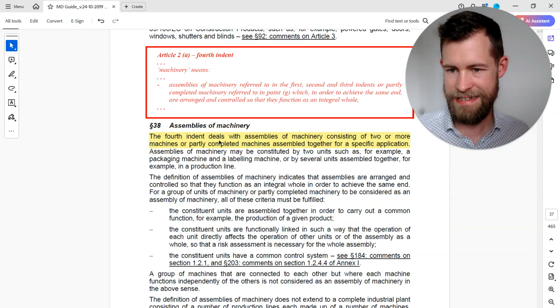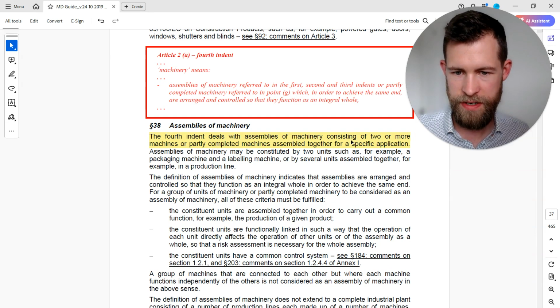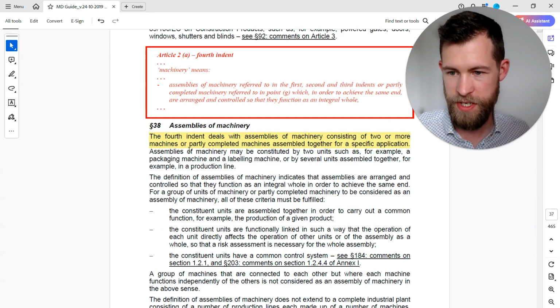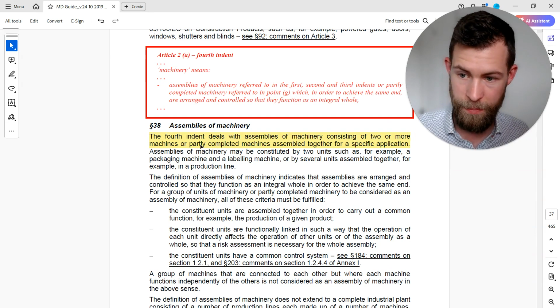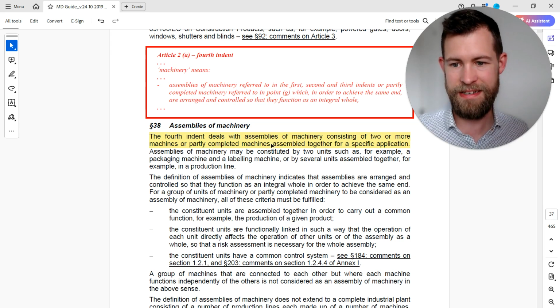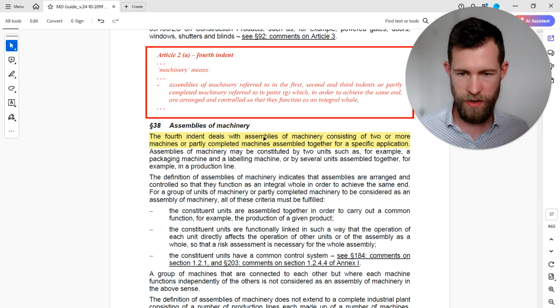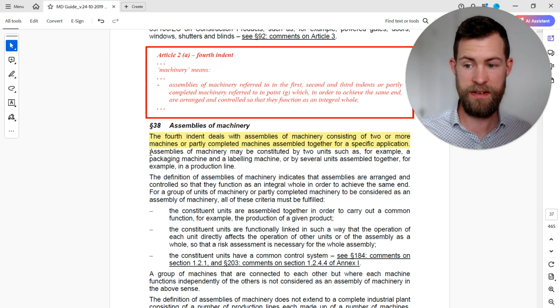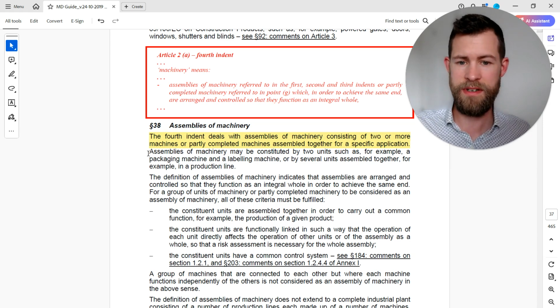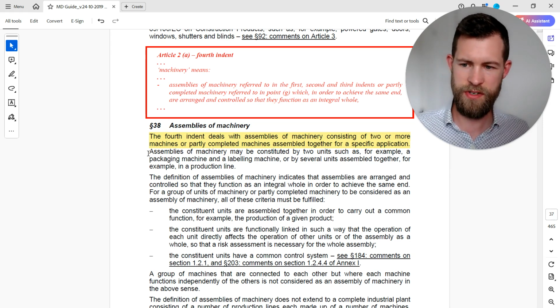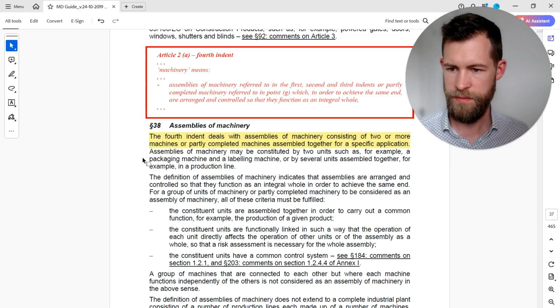So the fourth indent deals with assemblies of machinery consisting of two or more machines or partly completed machines assembled together for a specific application. So again, this is a complete machine, a functioning whole, and it has to meet all the requirements of Annex 1, the essential health and safety requirements of the Machinery Directive.